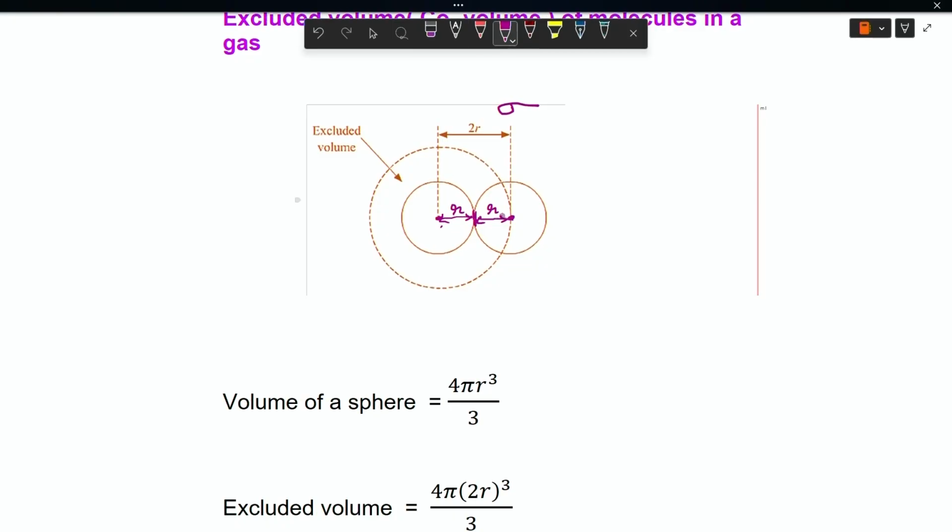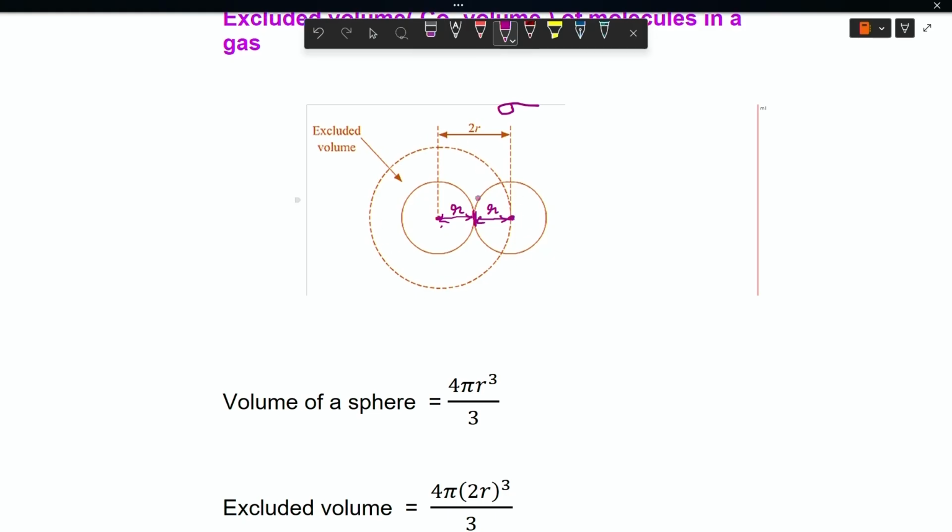A molecule cannot approach further than this. That is, 2r to this side, 2r to this side, all the sides. So you consider a sphere around a molecule with radius 2r.